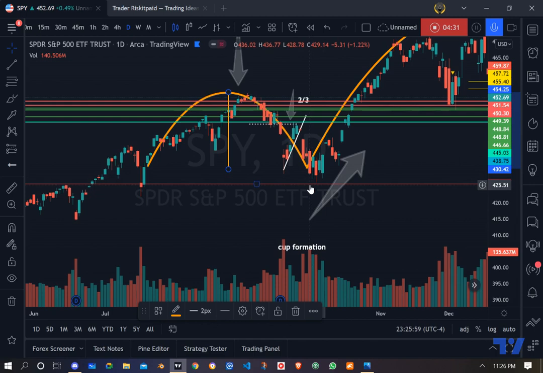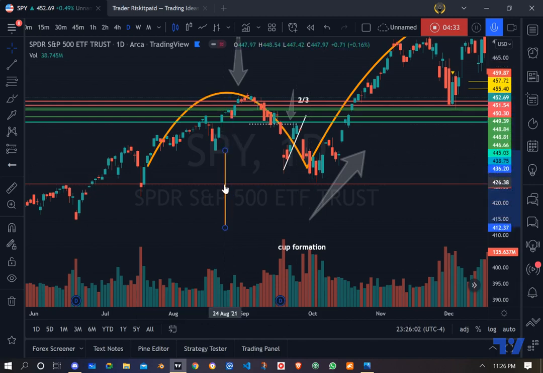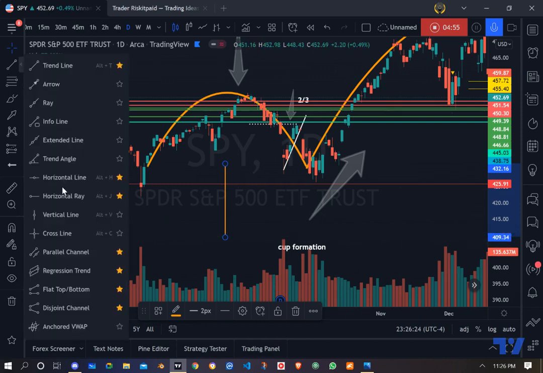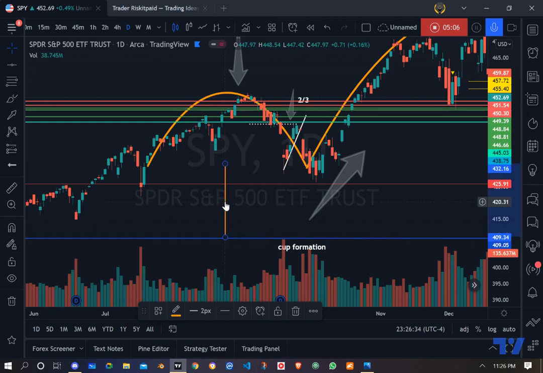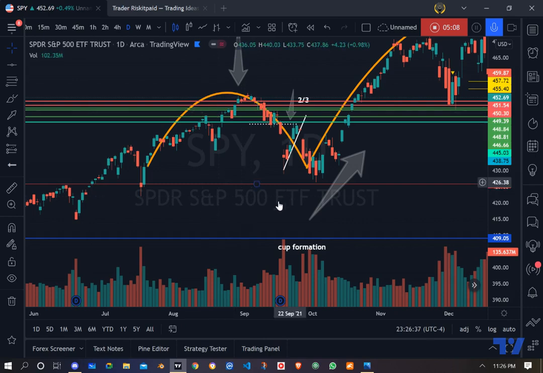And it failed right here because if we take this as a measured move, roughly around here would have been the bottom of that measured move, which is around 409, 410, right? So I want to take a horizontal line real quick and put this on the 409, 410, and we'll get back to that. So we'll remove that from our chart.